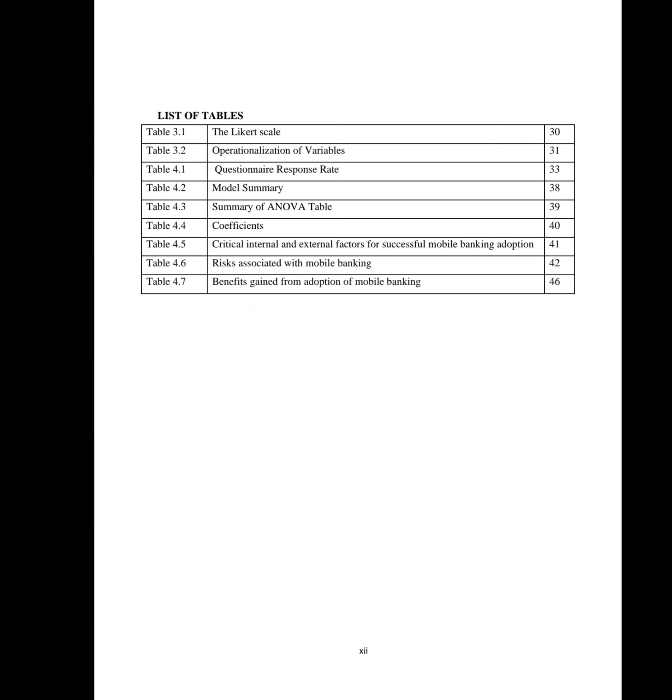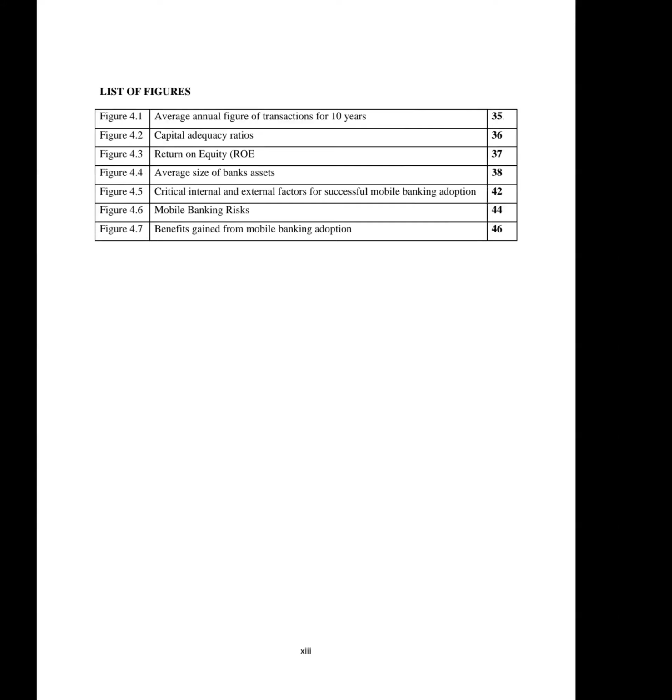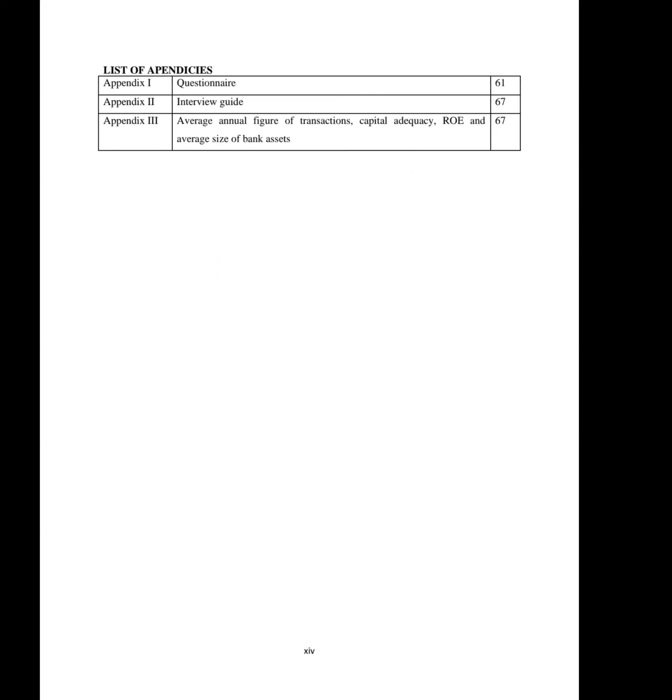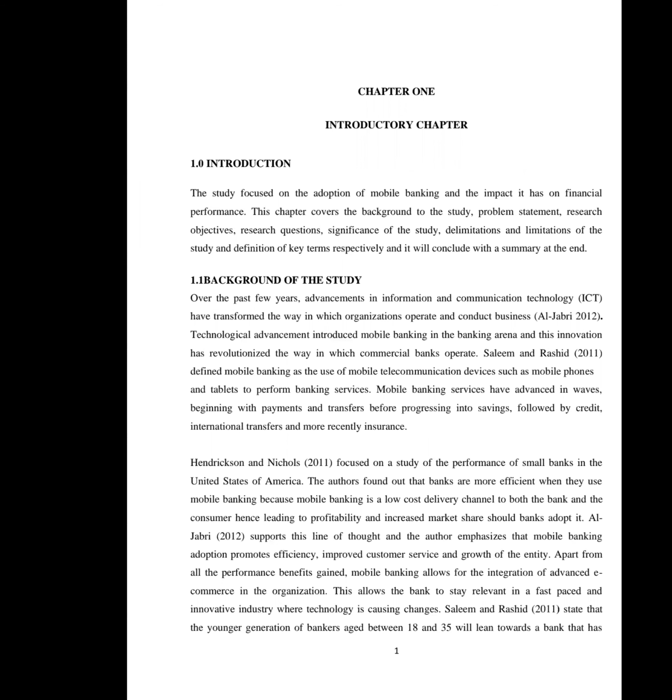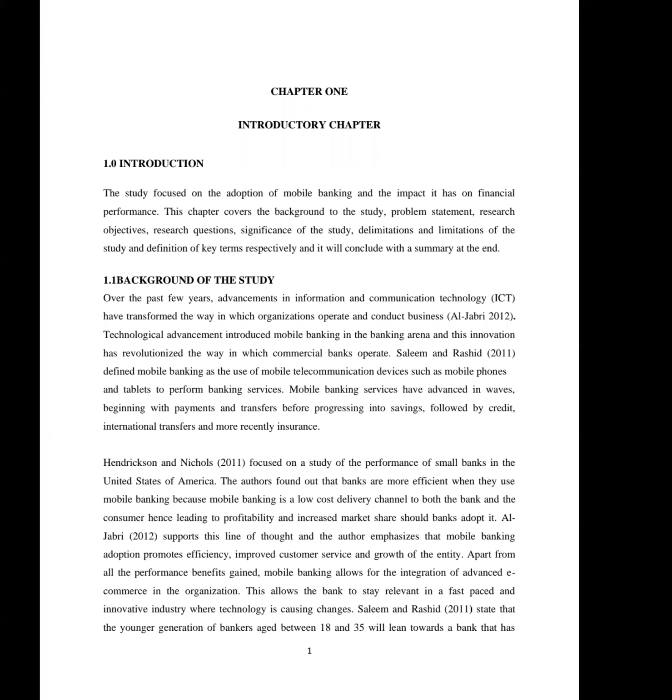Next is the list of tables, the list of figures, the list of appendices, followed by the introductory chapter, which is chapter 1. So this is the brief lecture that I thought of giving in order to present to you the preliminary pages of a research project. I hope you benefited from this lecture.